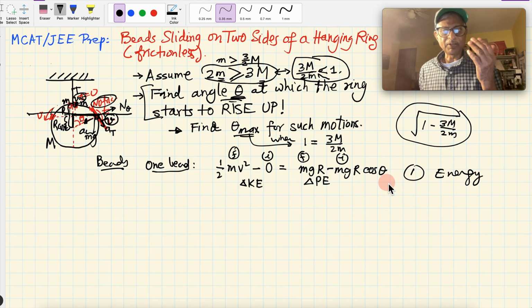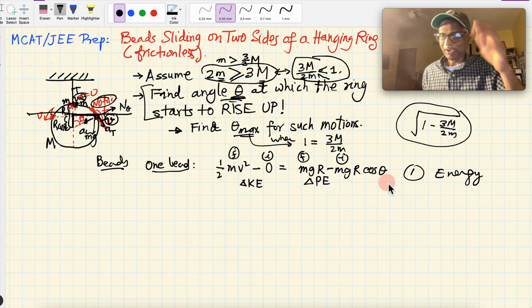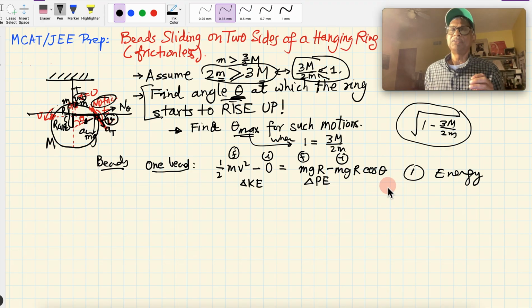Remember, I've talked about energy first, and then momentum, and then angular momentum, and then F equals ma. Now we don't know this thing, but we know it's circular motion, and if we set up F equals ma, we can get that in terms of theta.